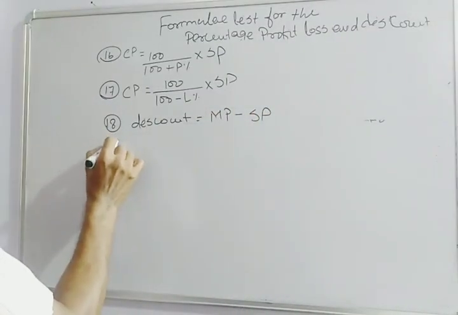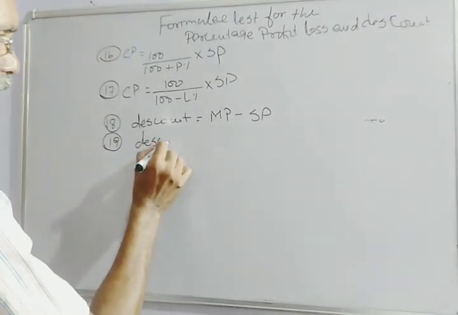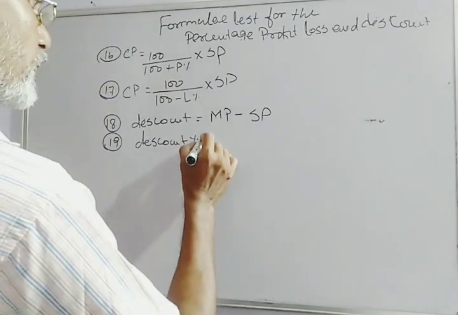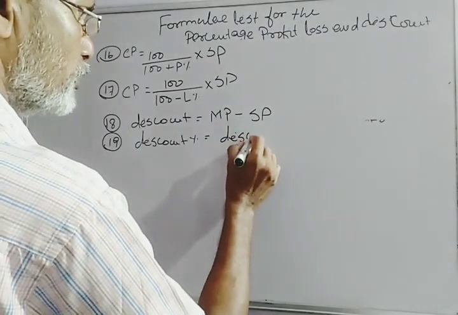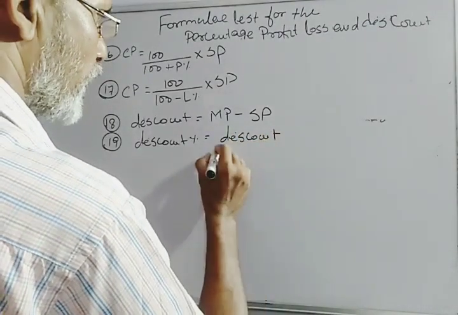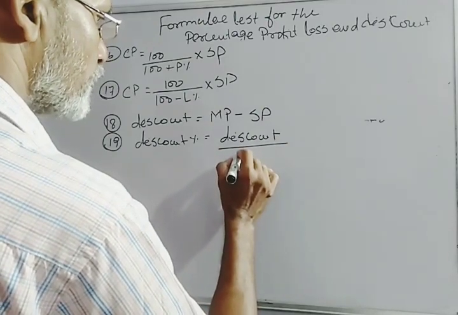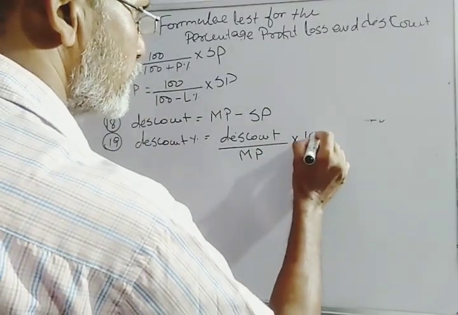Then number 19, discount percentage, that is equal to discount by mark price into 100.